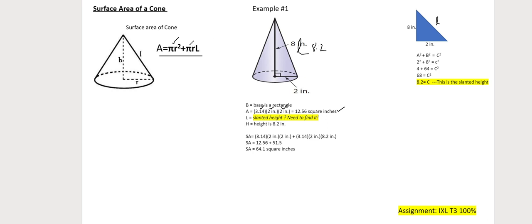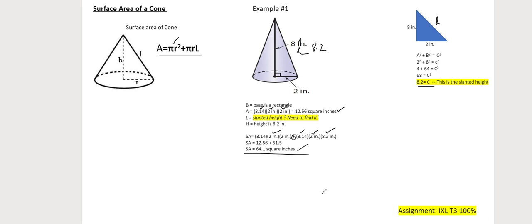And I'm going to go ahead and multiply 3.14 times the radius, which in this case is 2, times 2. And L, which is the slanted height, is 8.2. Notice at the beginning I have pi r squared, which I already did. So now, and I got this correct, what I'm doing is adding pi r L, which is the lateral area. So I'm adding 12.56 plus 51.5, and my surface area will be this much, okay?